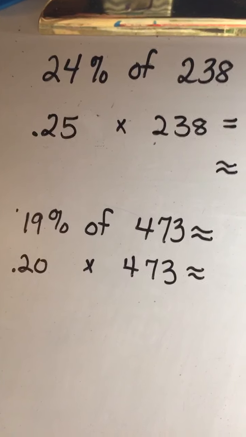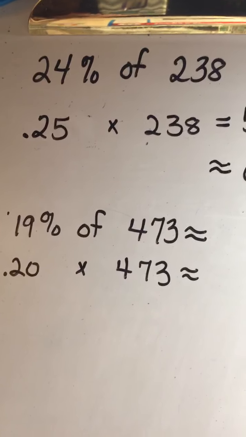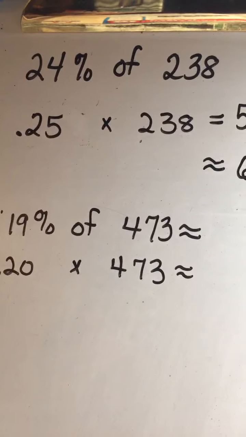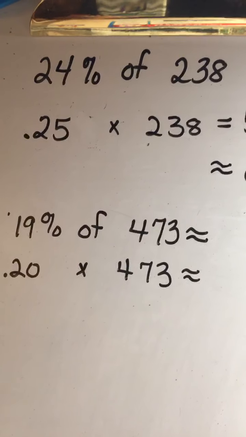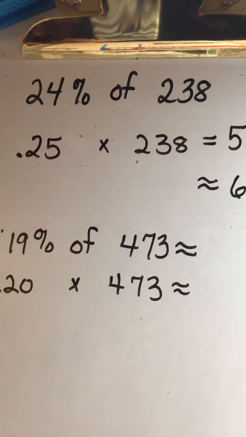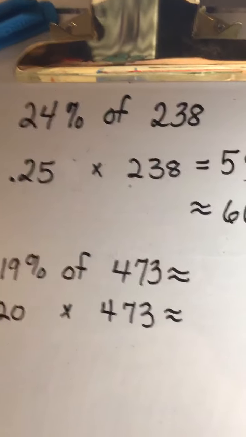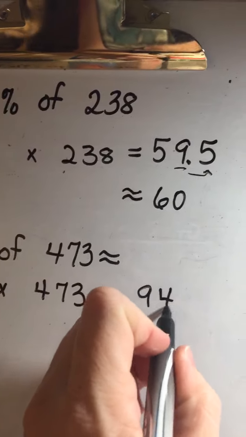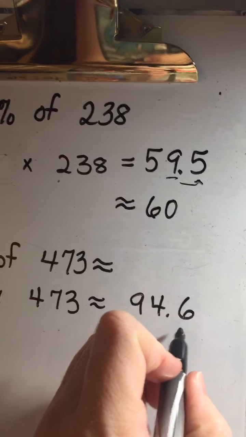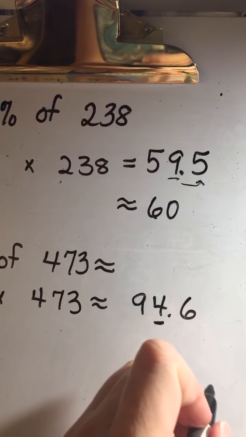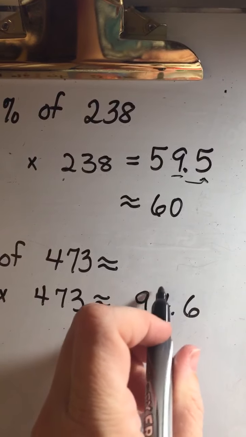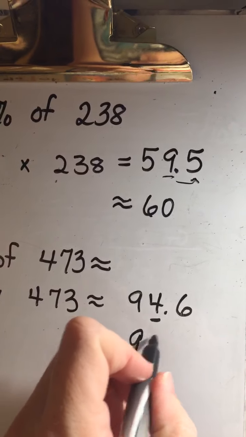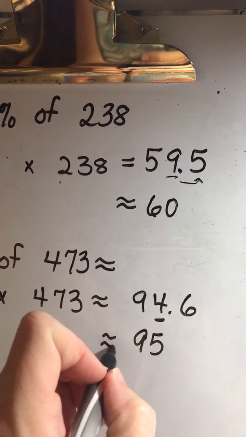So you're going to do 0.20 times 473, or you can round it up. I'm going to keep it at 473, and I came up with 94.6. I'm going to round it to my nearest whole number. So my 6 changes the 4 to a 5, and I get approximately 95.